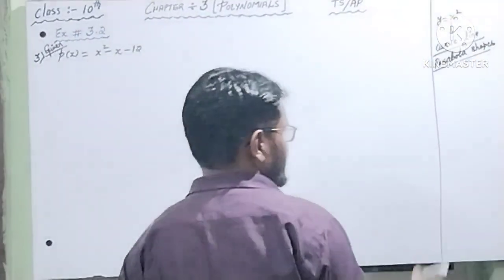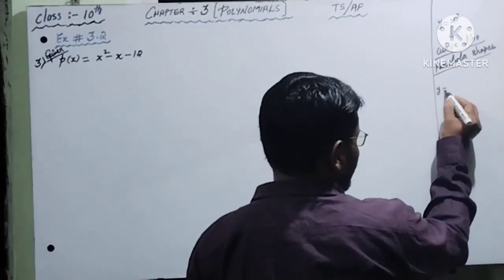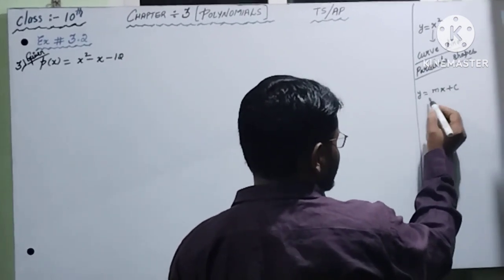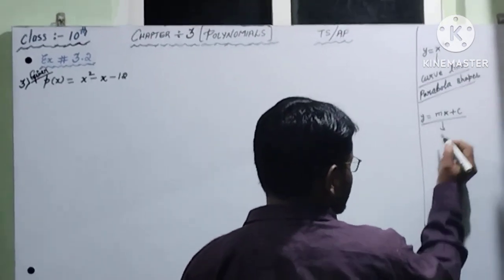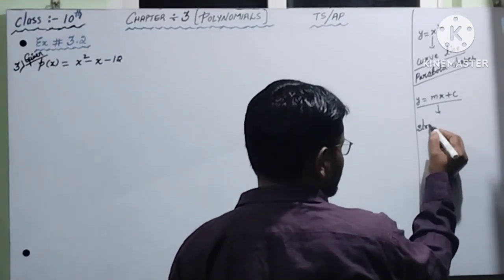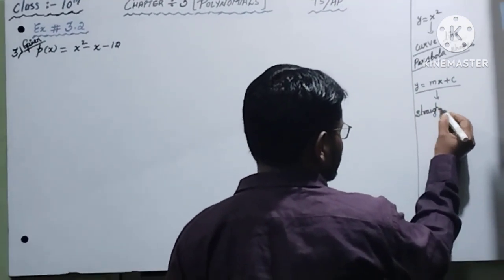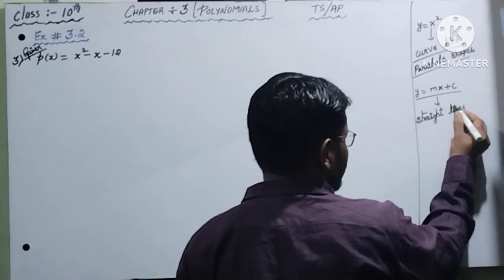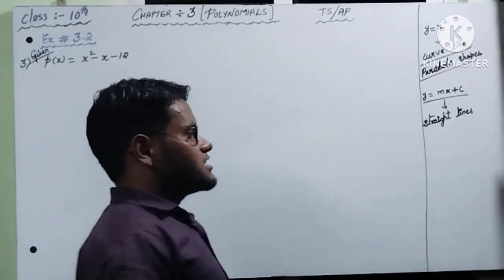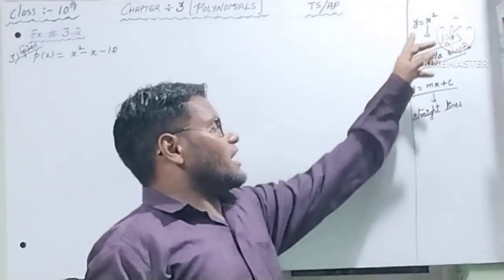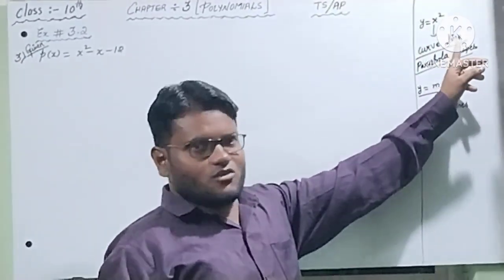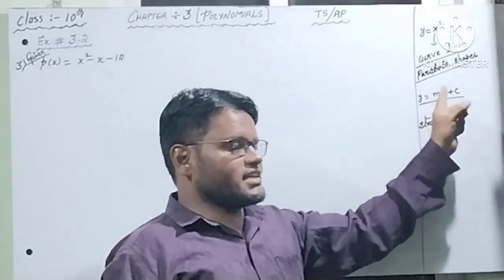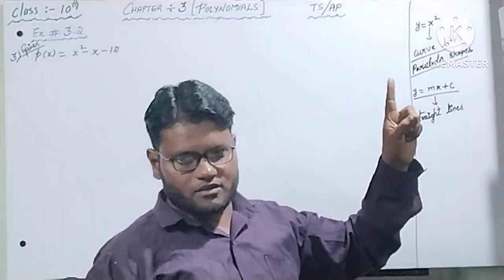Suppose you have y equals mx plus c. If you have this form, then this will give straight lines. Here, the x power is how much? 1.